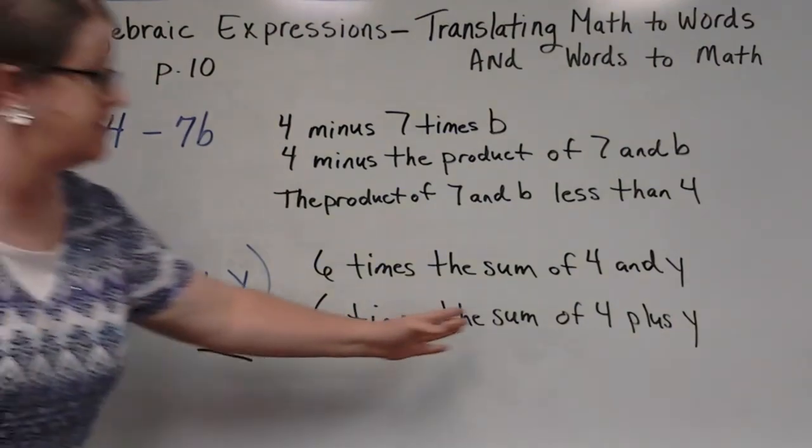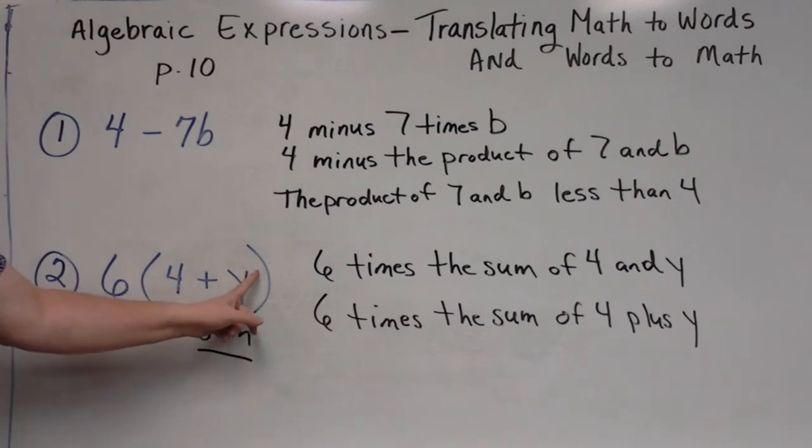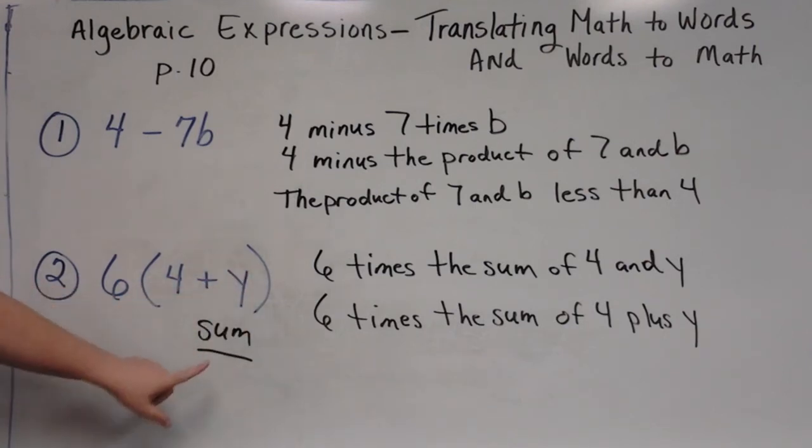Okay, we said the sum, so that holds the 4 and the y together. Whenever you see parentheses and a plus sign in the middle, you're thinking sum. If you saw a minus sign in the middle, you would be thinking difference, because that's the answer when you subtract, the difference.